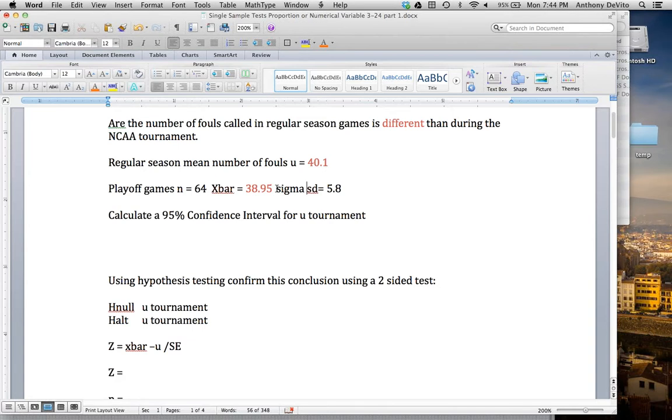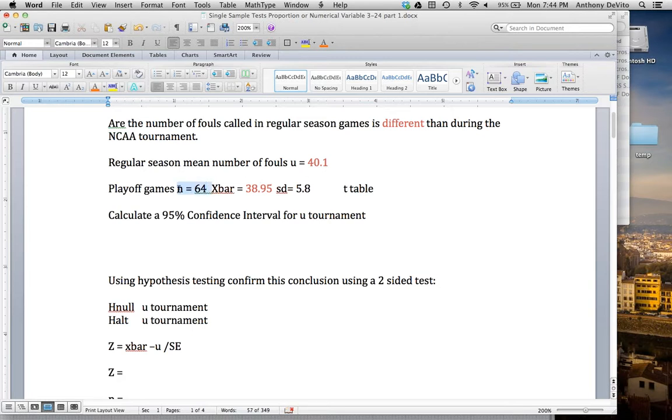Because when we know sigma, the population standard deviation, in other words the standard deviation for the entire population, we can use the z-table with some confidence because we know exactly what the standard deviation for the entire population is. However, in this case, we don't know sigma. We only know the standard deviation of our sample. So we will most likely use the t-test, the t-table. So we're relegated to using the t-table.